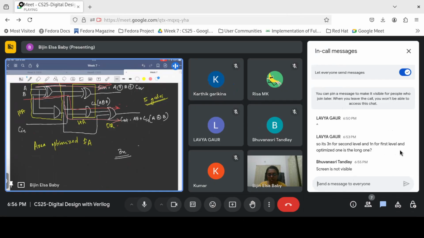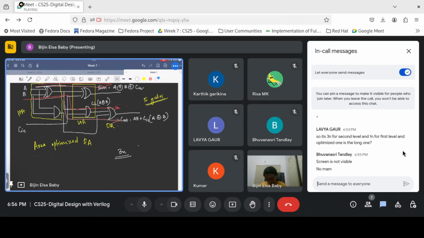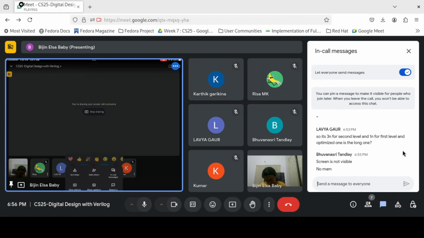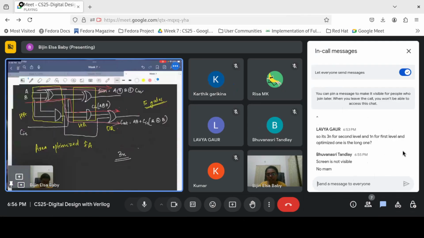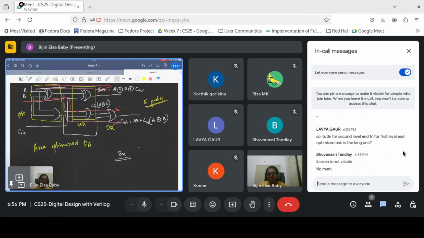Is that visible now? Are you able to see the notebook now?